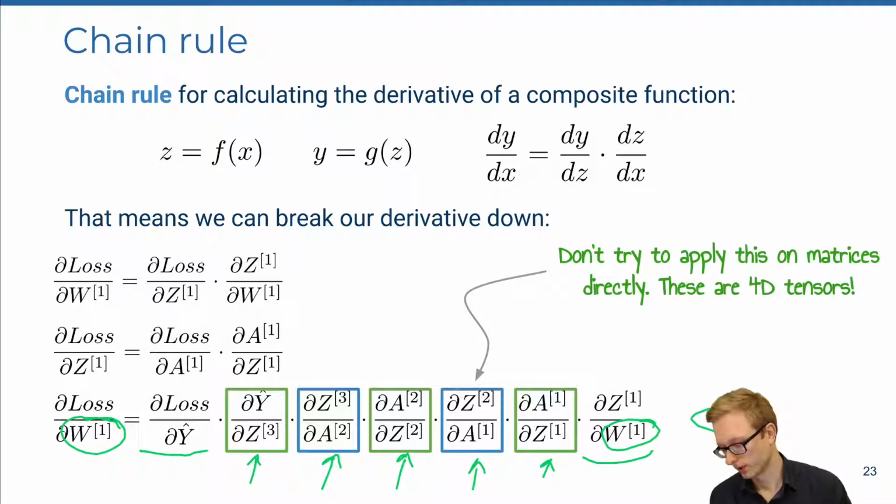So this one here, for example, is a four-dimensional object. And you don't really want to be calculating four-dimensional objects or making operations on them. So we can simplify this down a bit so that we can still work with two-dimensional matrices, and the operations are much easier to handle.